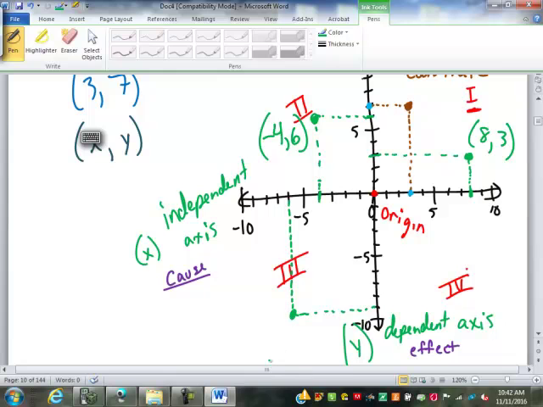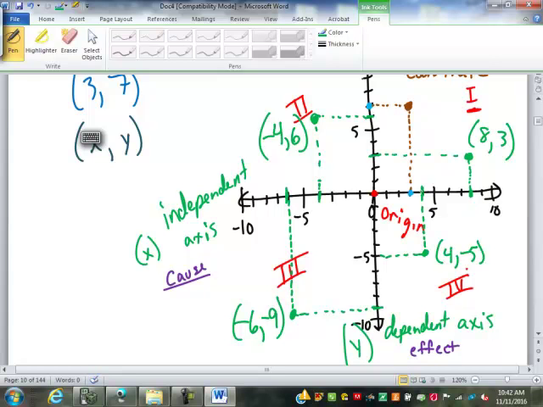How about this one? Okay. On the horizontal, it's at -6 here. On the vertical, it's at -9. So -6, -9 is that coordinate. How about this one? 4, -5.